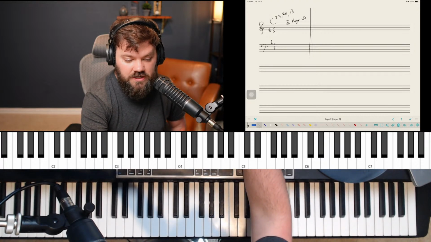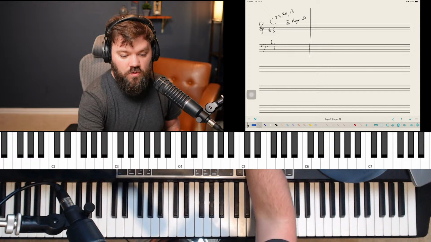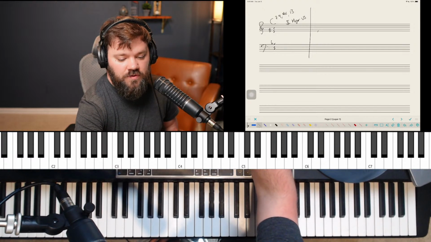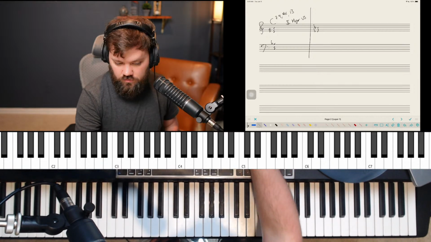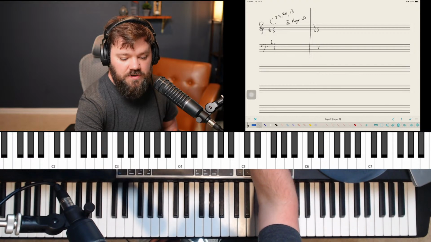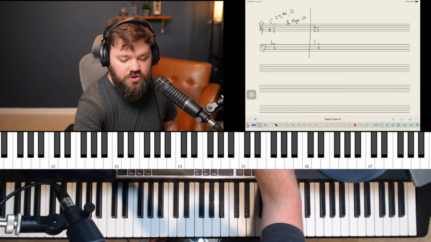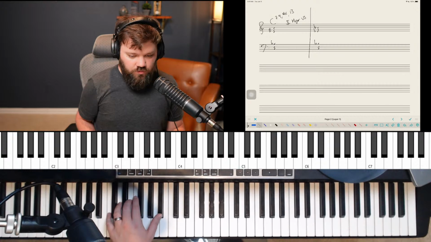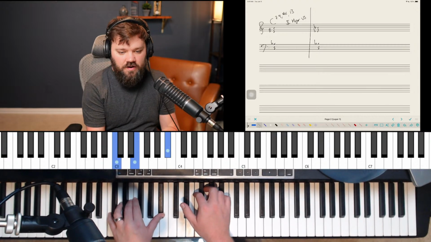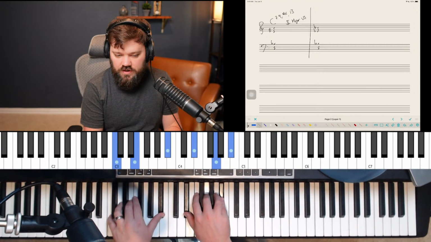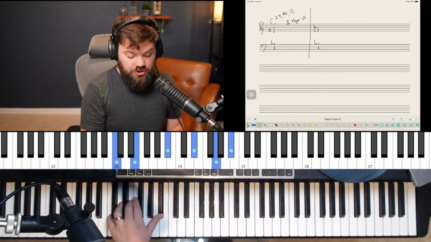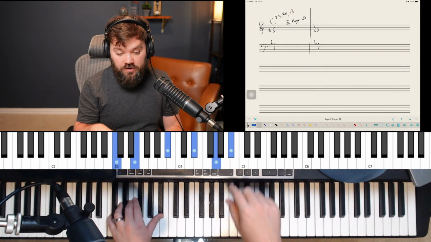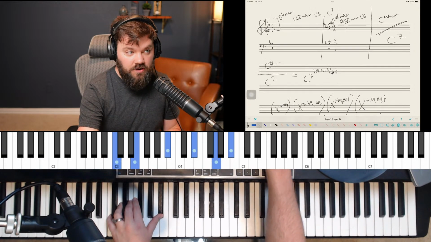So the next one for our major upper structure triads is an E flat major. Same structure on the bottom. We have a root, third and 7th, and we have E flat major built on top. And this is actually very similar to the 1 minor that we had in the minor versions.